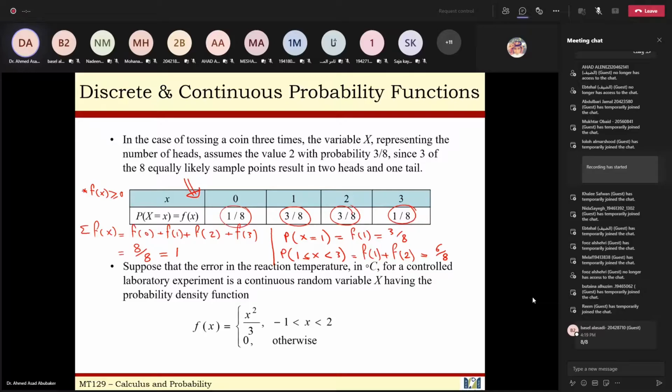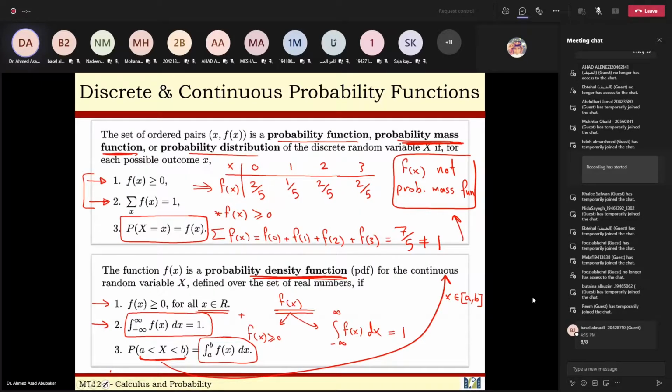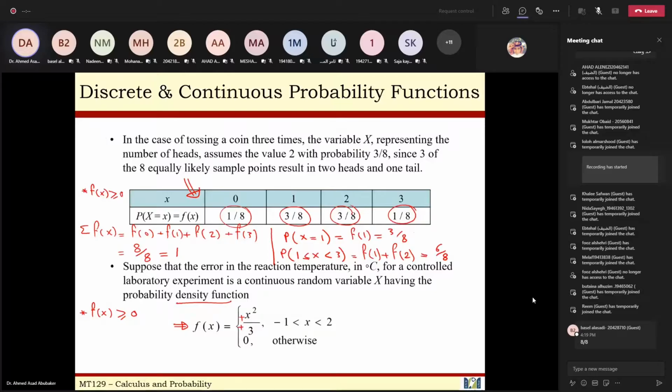In case we have f of x and we need to verify it is a density function, firstly we must check f of x greater than or equal to 0. This is positive and this is positive. Positive over positive, we have positive. Otherwise, the function equals 0.